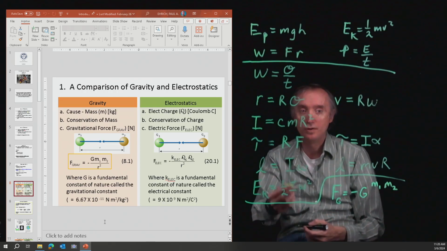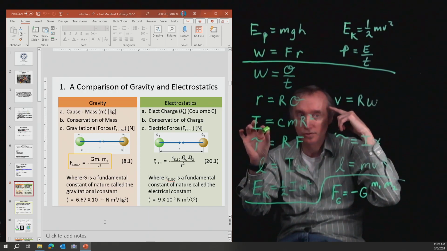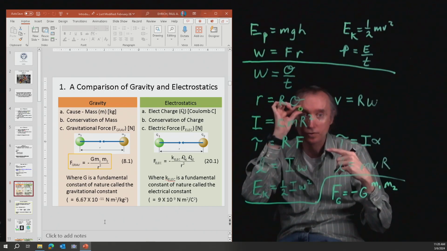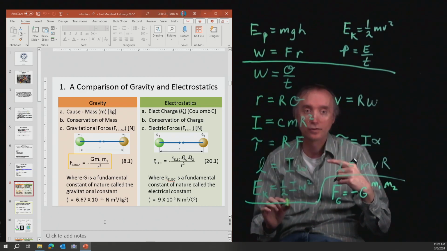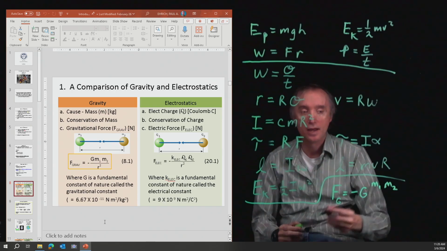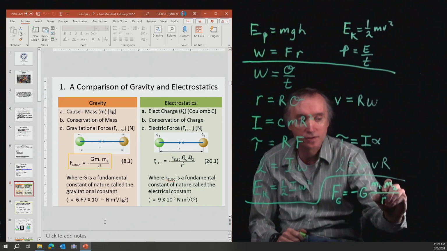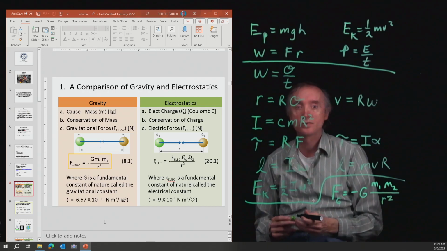But also, this could be mass number 1, and your head could be mass number 2, and there is a force of attraction for that object to your head because of the force of gravity. And then it also is going to be divided by the distance between those two objects squared.